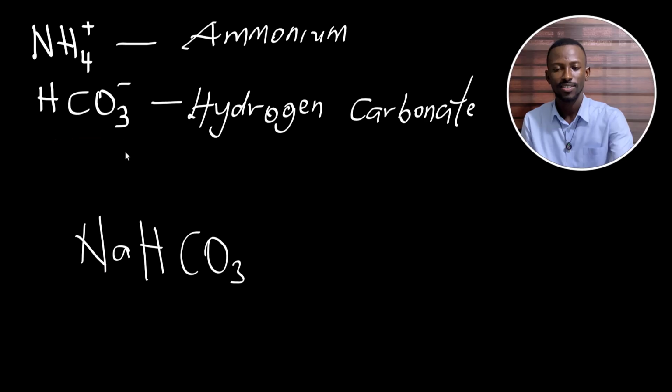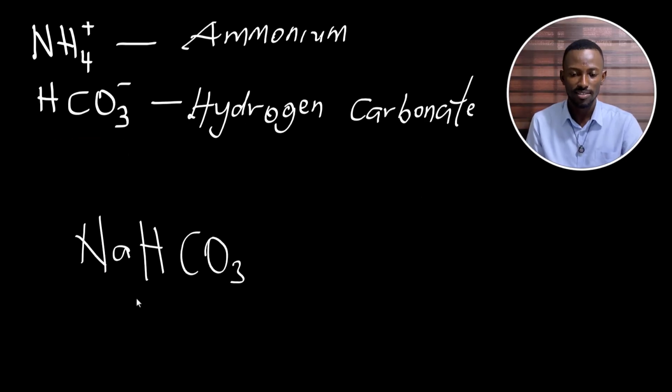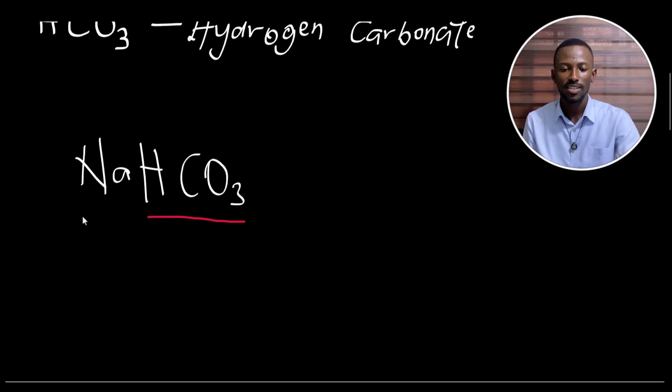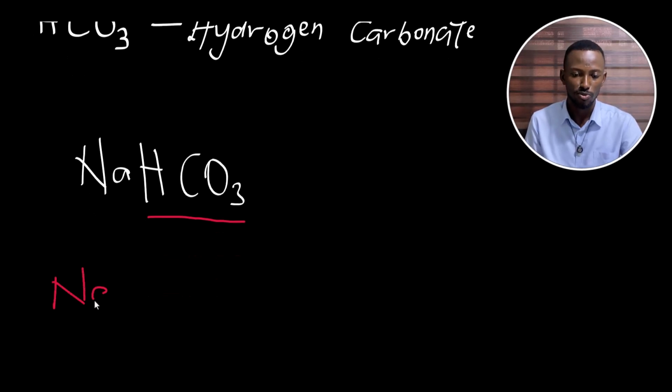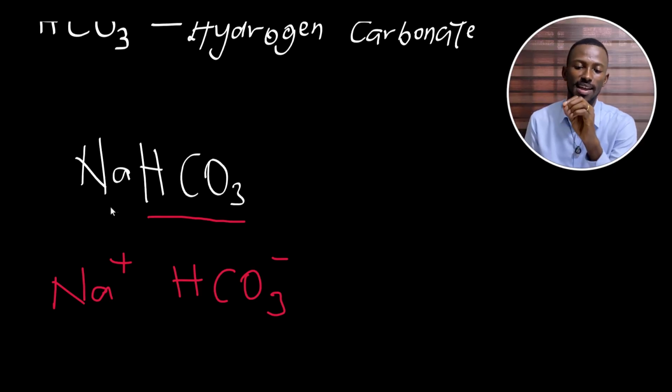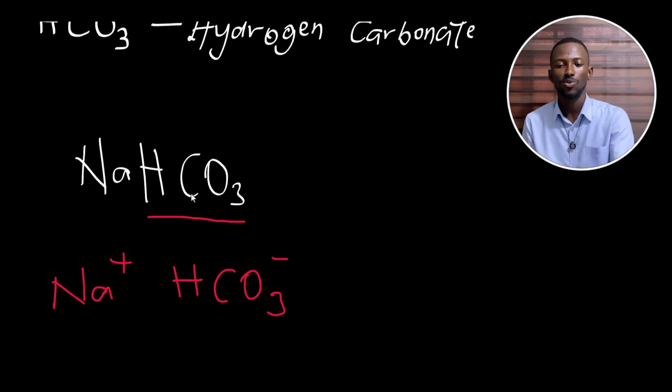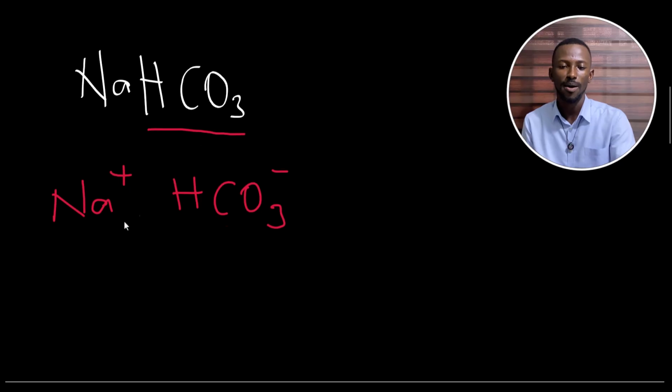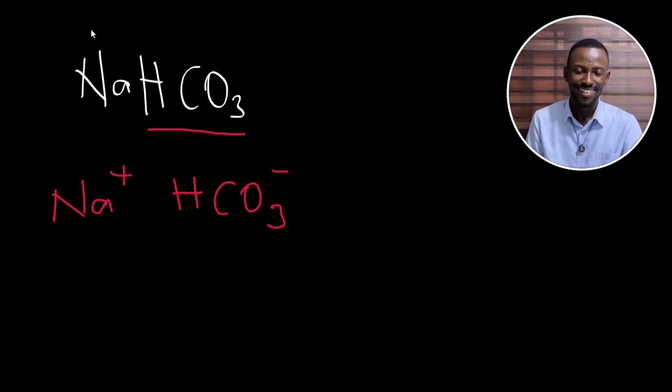What's the name? Hydrogen carbonate. Yes, it's HCO3. So this compound is actually formed like this, from the sodium ion and then HCO3-. These two came together to form NaHCO3. So what will be the name of this compound?